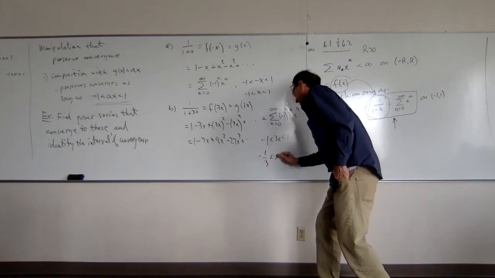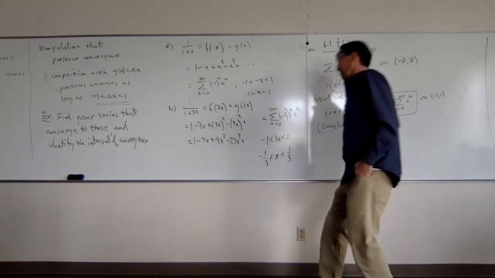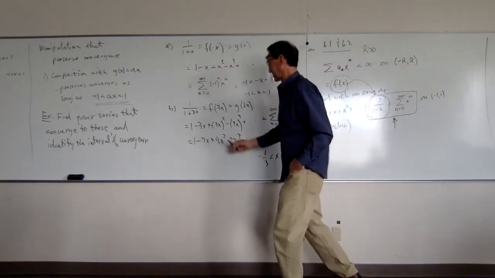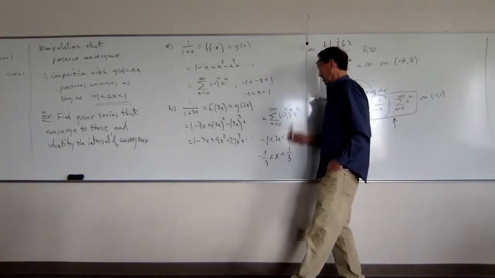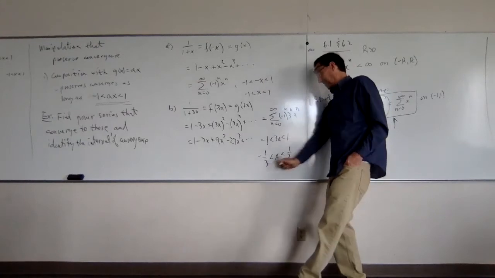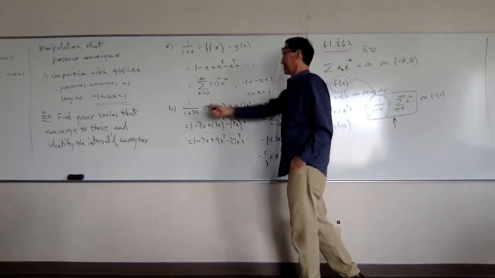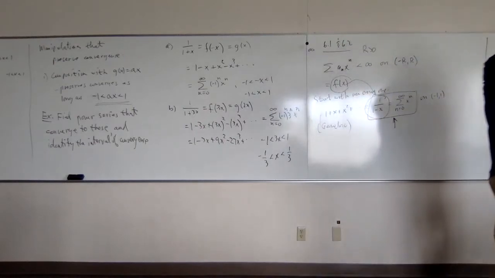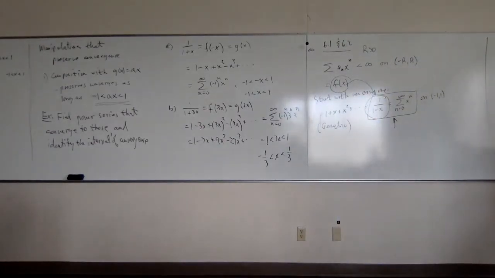So x is between -1/3 and 1/3. This series converges for every x between -1/3 and +1/3, and it converges to that function, 1 over 1 plus 3x.